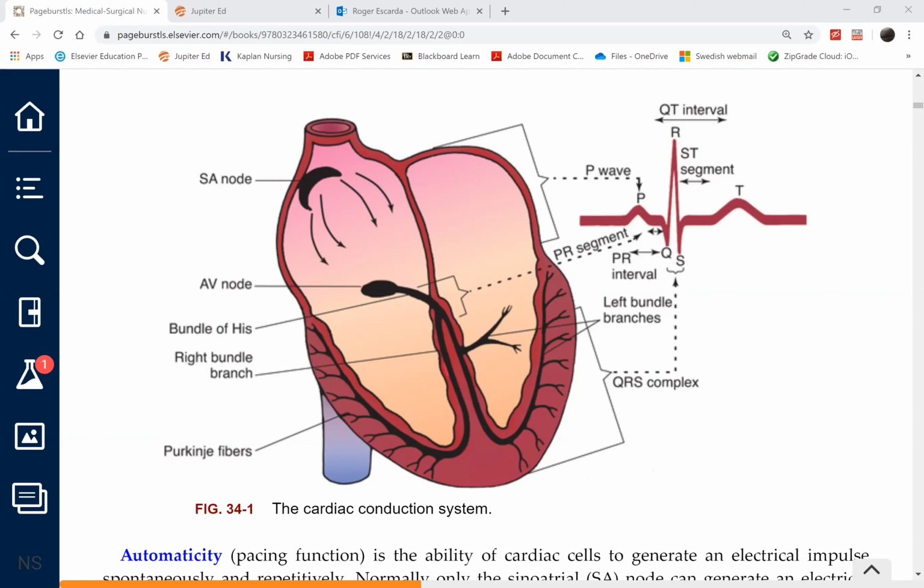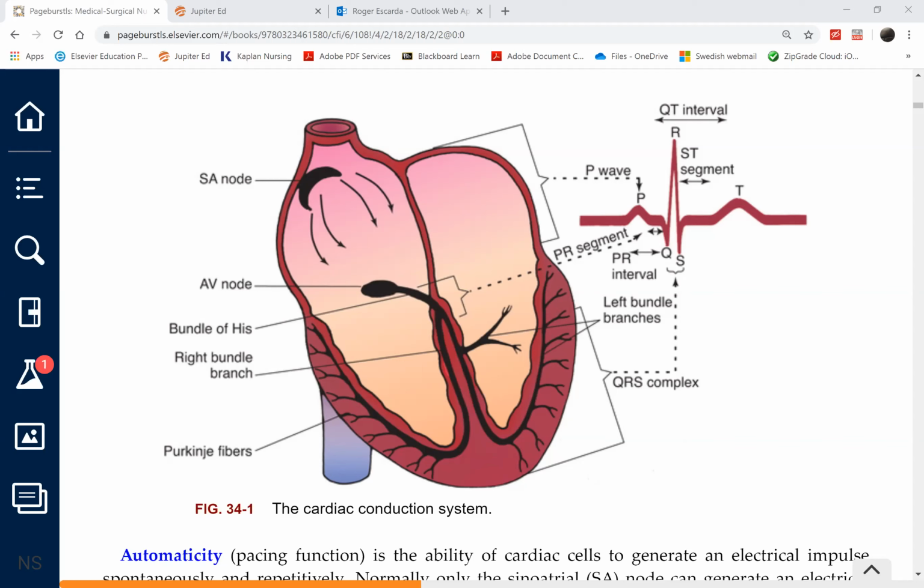So this is the P wave. The P wave represents atrial depolarization, meaning atrial contraction. As the SA node generates the electrical impulse, it will be spread through the interatrial branches, which is not shown here, allowing both atria to contract at the same time. So that both are represented by the P wave.